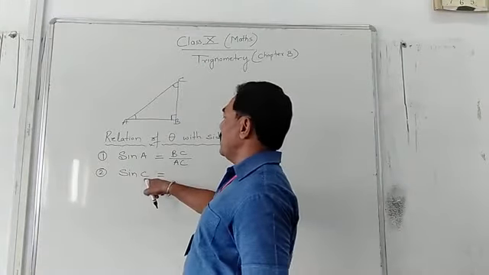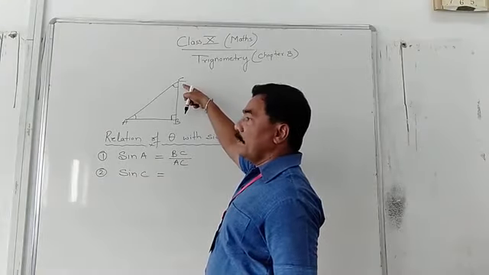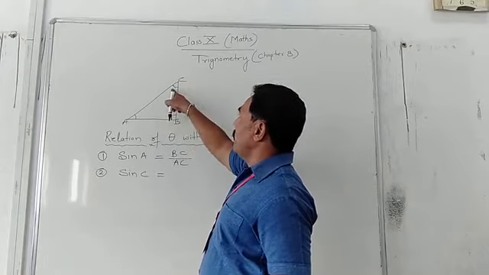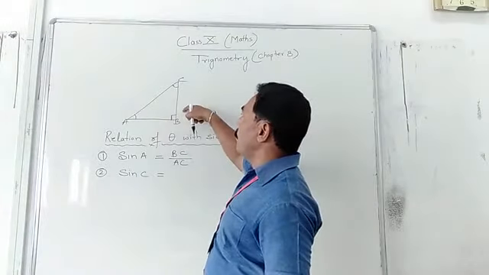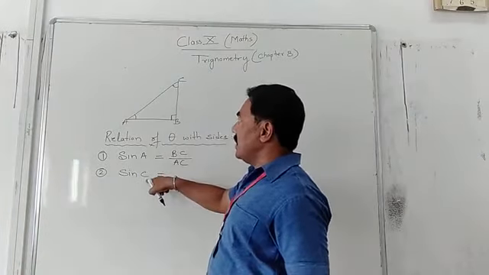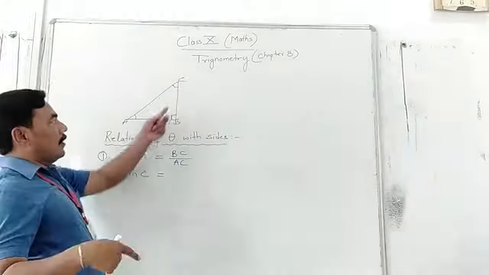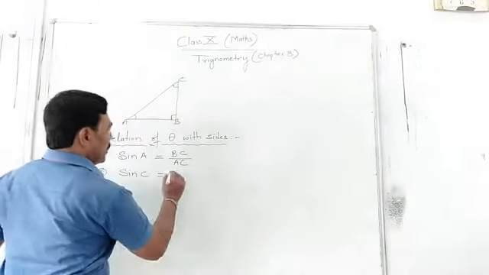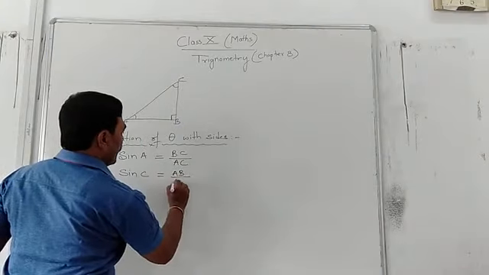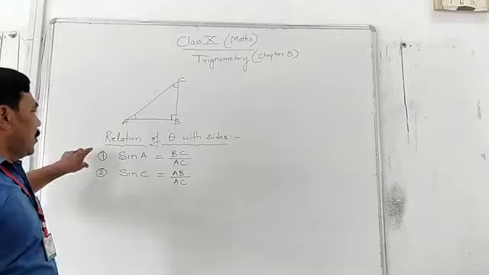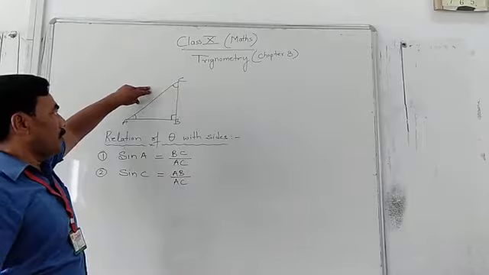Here the angle is C, so the side opposite to angle C is AB, which is the perpendicular, and BC is the base for angle C. So sine C is AB upon hypotenuse AC. And sine A is BC perpendicular upon hypotenuse.